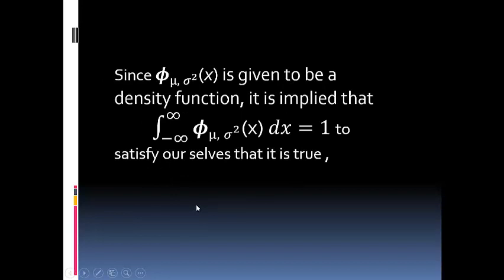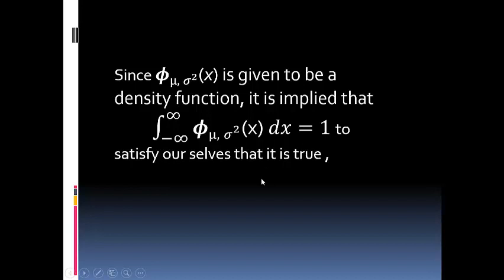Since the small phi sub mu and sigma squared of x is given to be a density function, it is implied that the integral of the small phi sub mu and sigma squared of x dx evaluated from negative infinity to positive infinity is equal to 1.